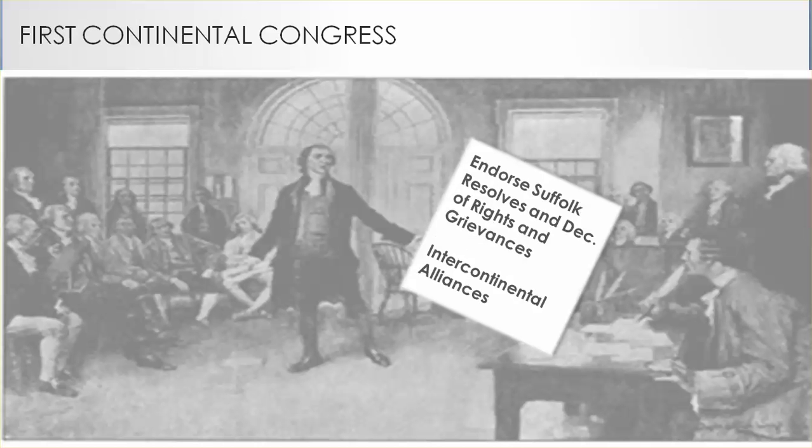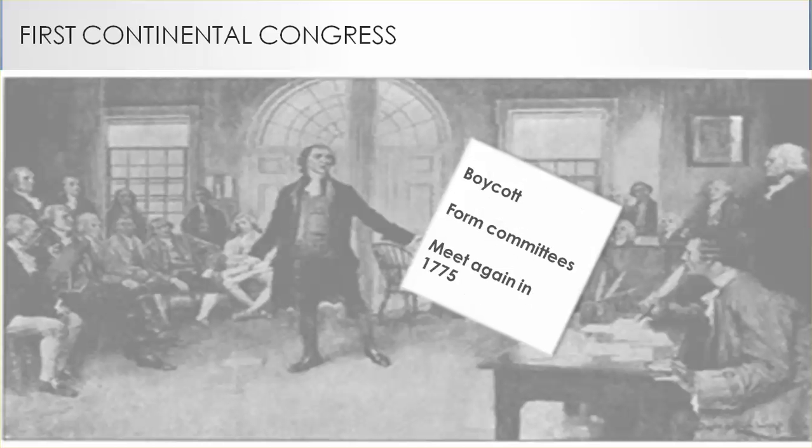We go on then to consider their accomplishments, that this Congress endorsed the Suffolk Resolves and encouraged boycotting of British goods, and also wrote the Declaration of Rights and Grievances. This Continental Congress also began to consider a variety of intercontinental alliances that it could rely on in case of further developments.